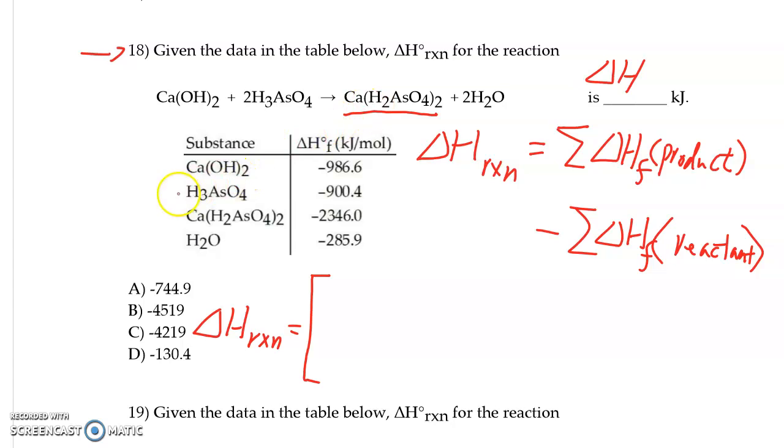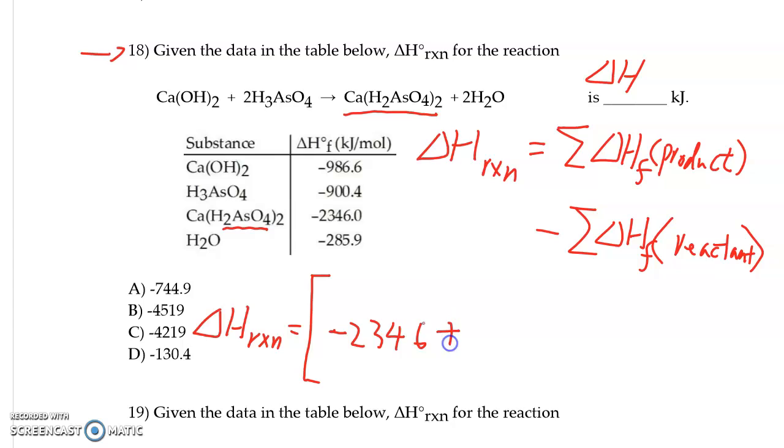So let's look at this, don't be confused. They both start with Ca, calcium. This one is -2346, from this part. I can't even pronounce this polyatomic anion, excuse me for that. So this part. And what's next?